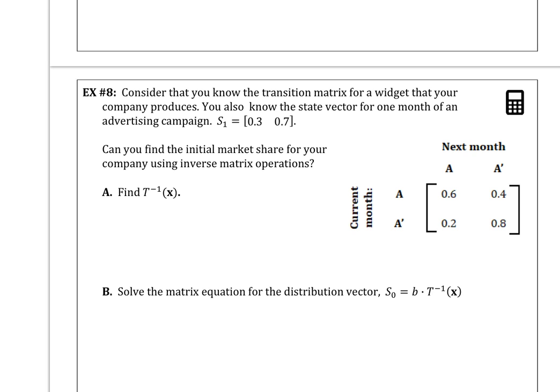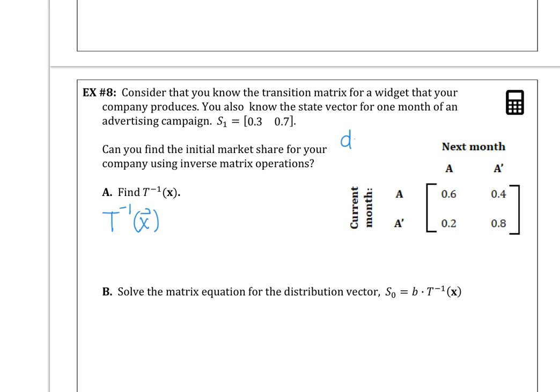We can do that. We want to find T inverse of X bar. But first of all, can we do it? Let's see. We need the determinant for this matrix A. So 0.6 times 0.8 minus 0.2 times 0.4.